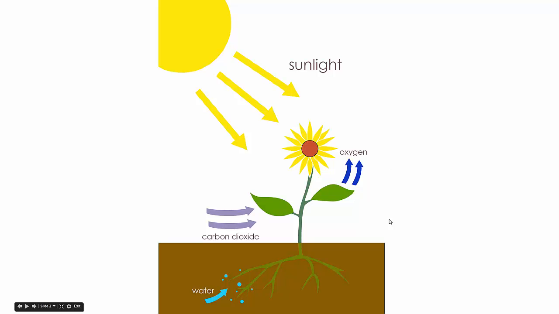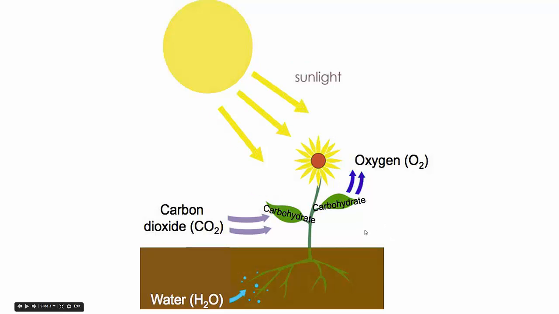While this is accurate, I would like to go into a little bit more depth for the purposes of this lesson. If you see here, you can notice that carbon dioxide is broken down into a chemical formula, as is water and oxygen. These chemical formulas are actually referred to as compounds.